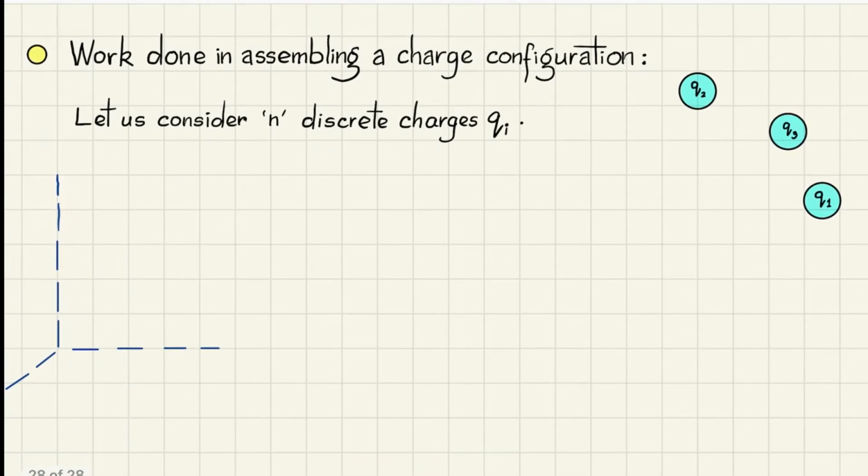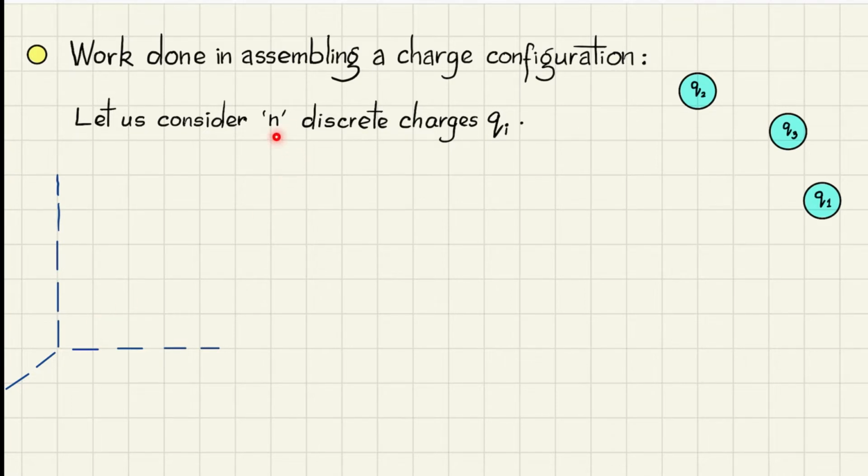So having done that, let's ask the question, how much energy do I spend, or how much work do I do, in assembling a charge configuration. Let's say Q1, Q2 and Qn are sitting at infinity, and I want to now put them in some configuration in here.